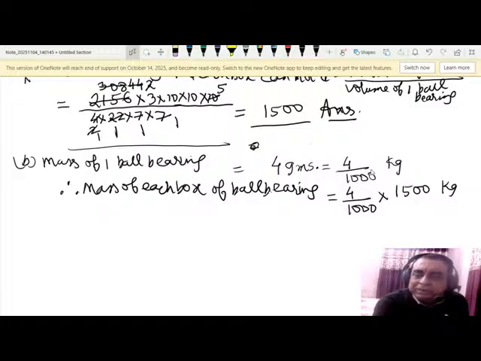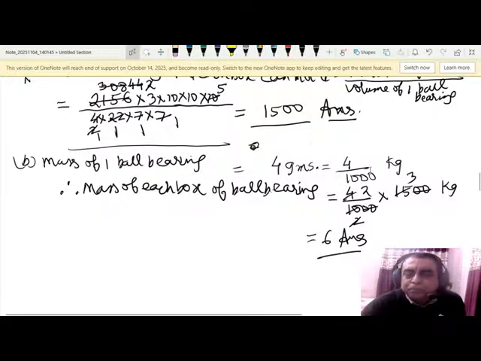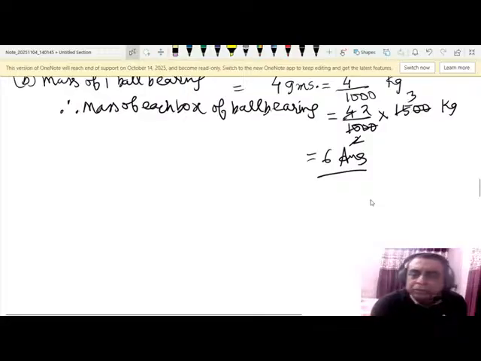So we cancel: 15 divided by 5 is 3. And 10 divided by 5 is 2. Now you divide this, here we get 2. So 2 times 3 is 6. So the mass of each box of ball bearings is 6 kilogram.